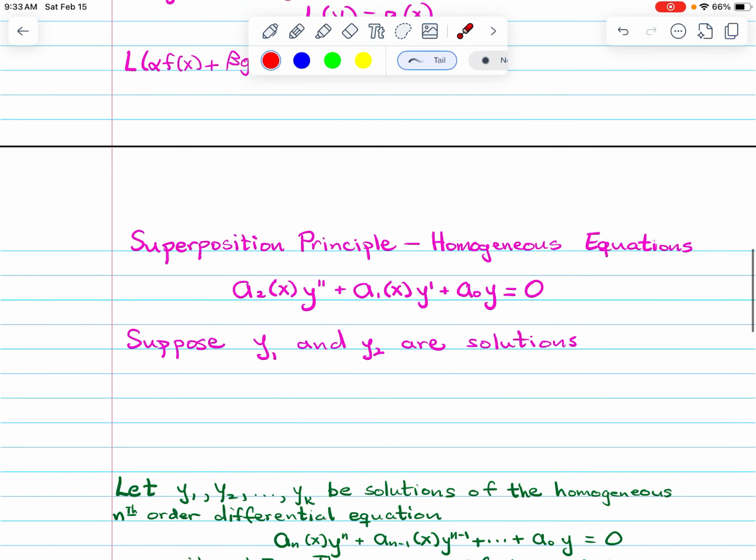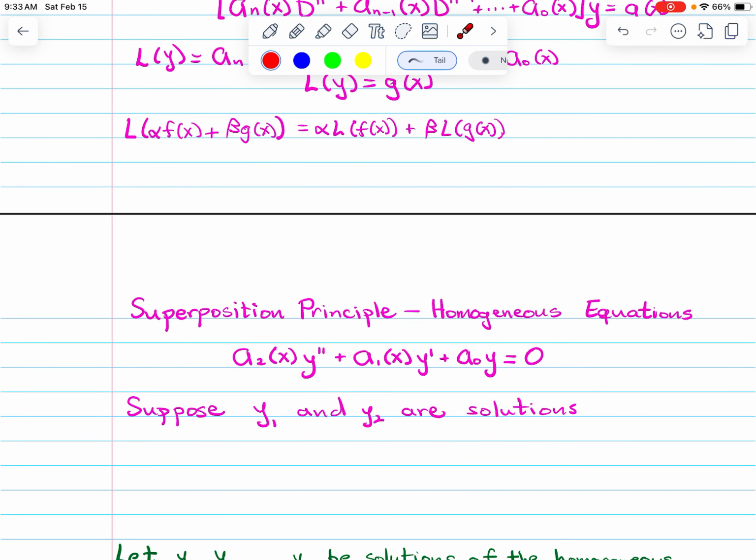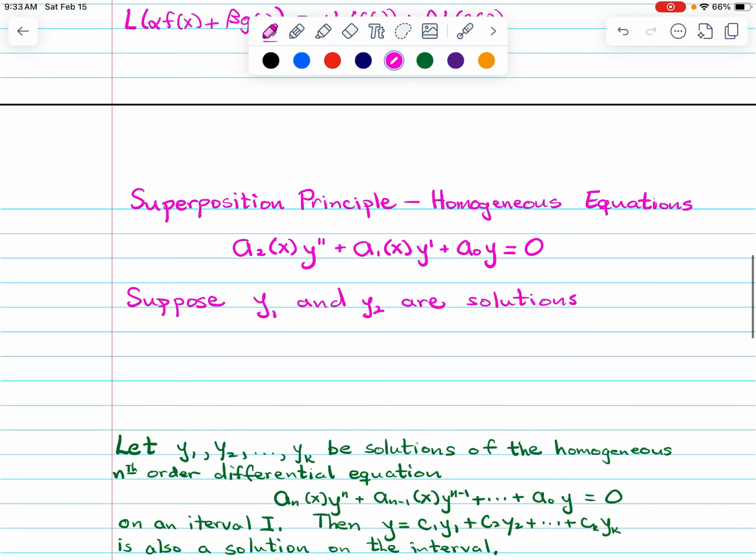They're both solutions. Now what that means is, if you plug y1 in here, what you'll get is a2 of y1 double prime plus a1 of y1 prime plus a naught of y1.